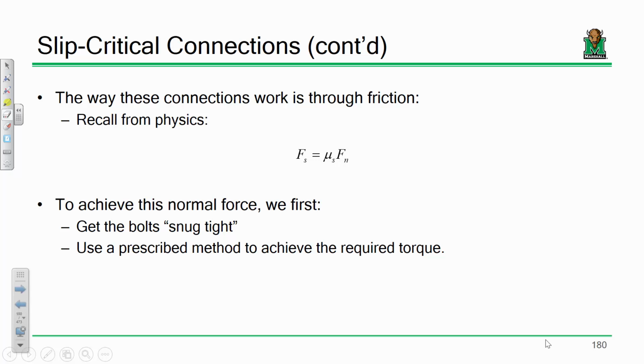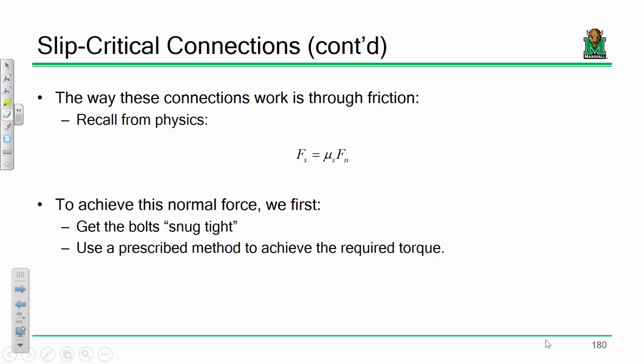Remember, if I have two objects that are exerting a normal force between them, for instance a box on the ground, the box has a weight. That weight is acting on the ground, and if the ground is level, then the weight of that box is a normal force acting on the ground.